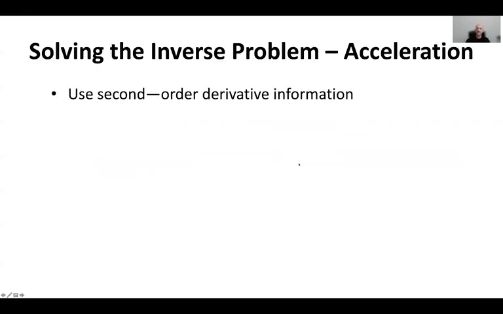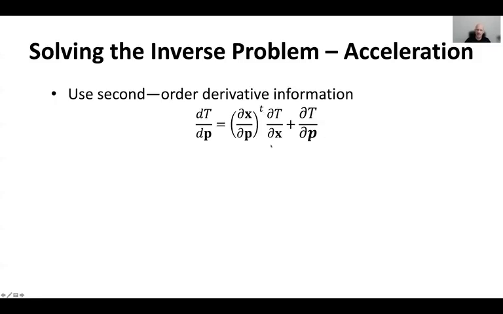Yet another option, if we want further acceleration, would be to use higher order information, not just derivatives, but at least some part of the real Hessian information of that problem. To get an idea of how that could work, let's look again at the gradient of that minimization problem. The total derivative of it, we've already had that.